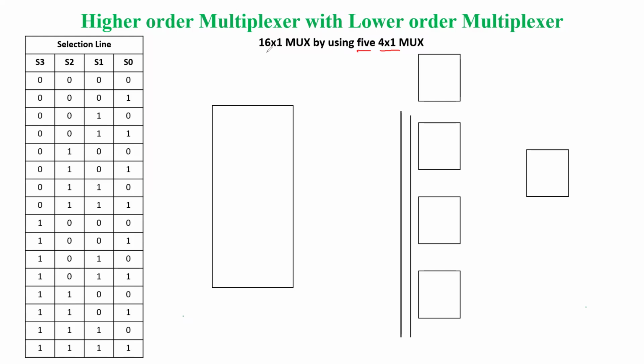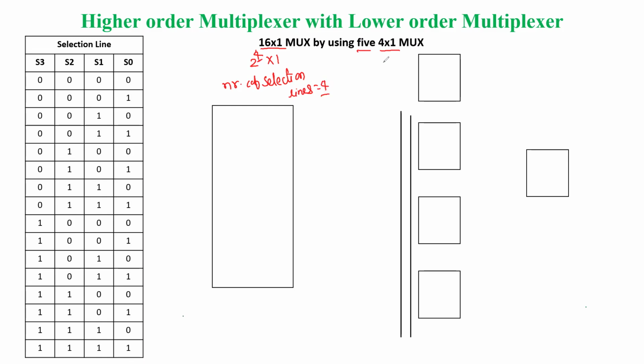Since we have to design a 16 cross 1 multiplexer, this can be written as 2 to the power 4 cross 1. You know that this exponent of 2 gives us the number of selection lines. So here the number of selection lines is 4.